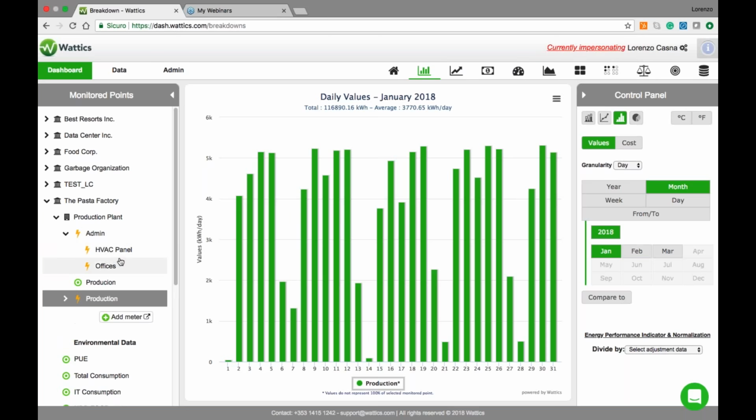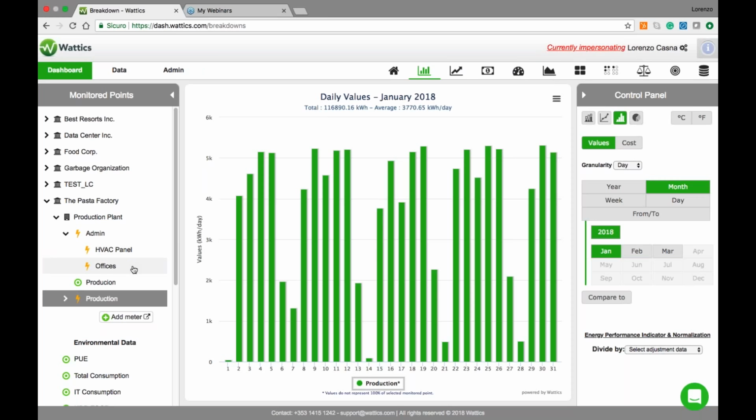For the admin building, we have a meter monitoring the HVAC panel, so ventilation units, fan coils, chillers, and so on, and another monitoring the offices.